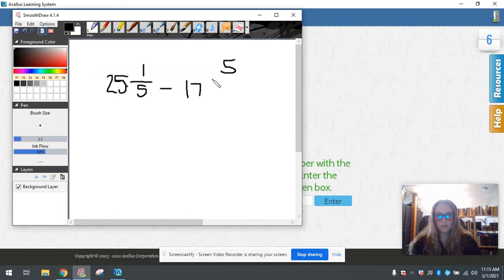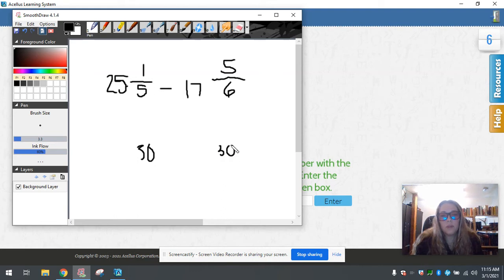If you're thinking the first thing we need to do is find a common denominator, you'd be right. So we find the common denominator by multiplying the denominators together. 5 times 6 is 30. And then we cross multiply to get our numerators.